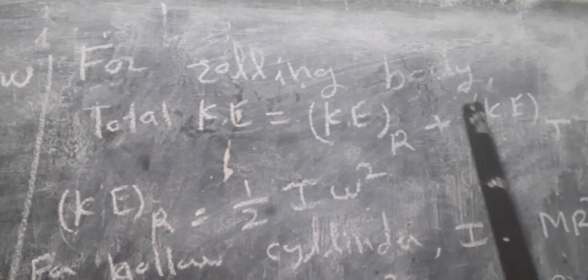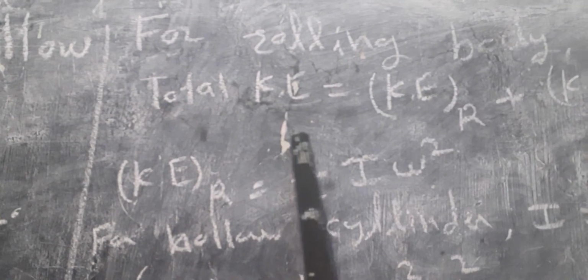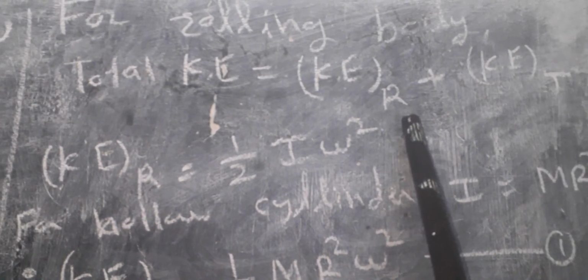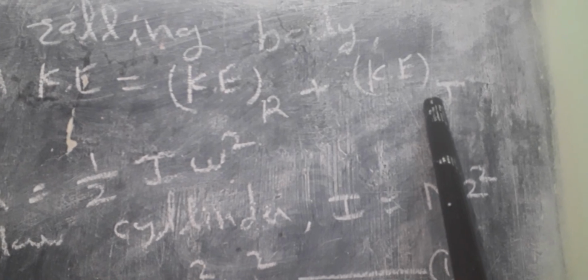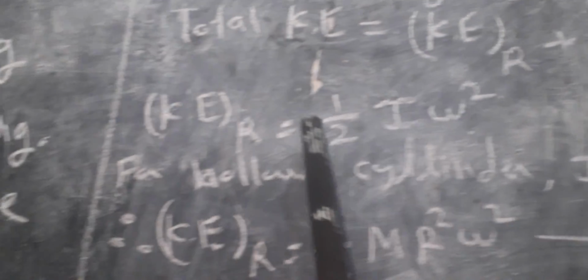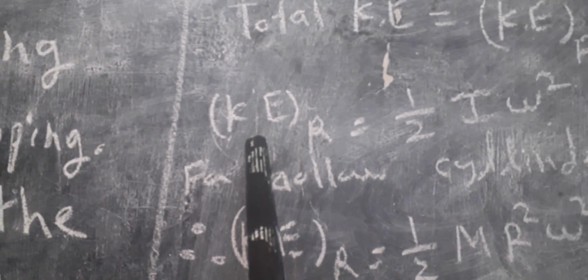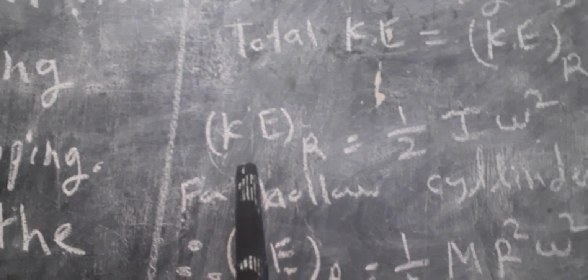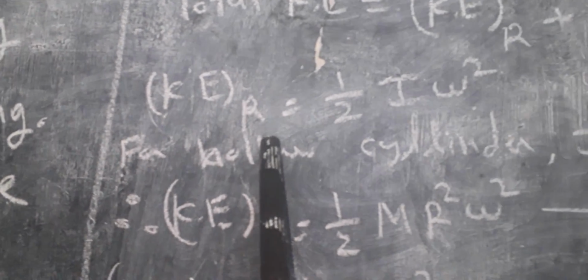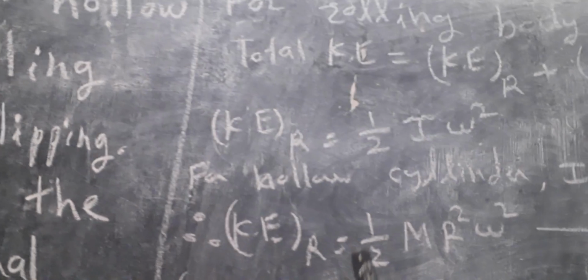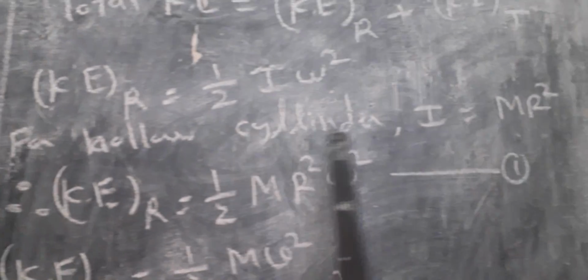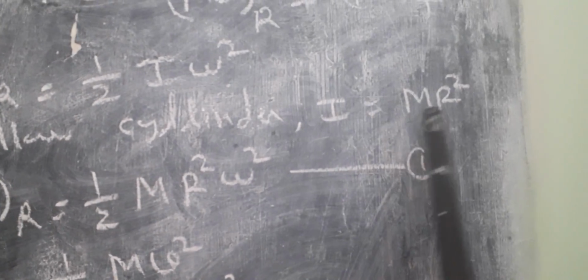For a rolling body, kinetic energy is given by kinetic energy due to rotation plus kinetic energy due to translational motion, or we can say linear motion. Let us find out first the rotational kinetic energy. So kinetic energy KER indicates rotational kinetic energy, equal to 1/2 I omega square, and we are given a thin wall hollow cylinder, and by definition, for a hollow cylinder, moment of inertia is given by m r square.